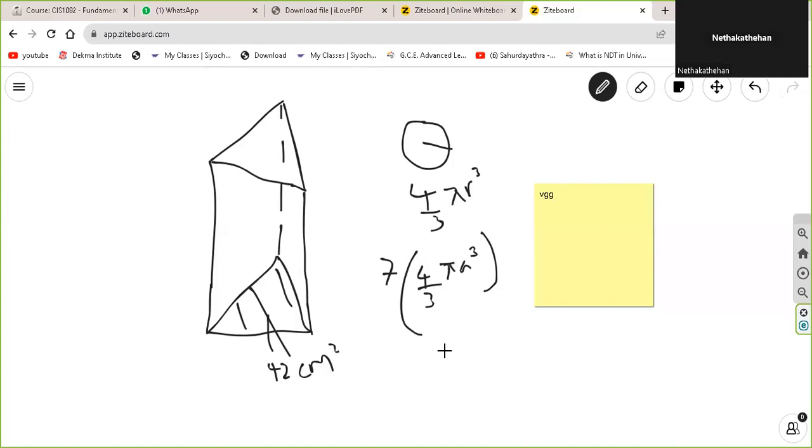Then you have to get the equation for this scenario. We have to mark these details also.